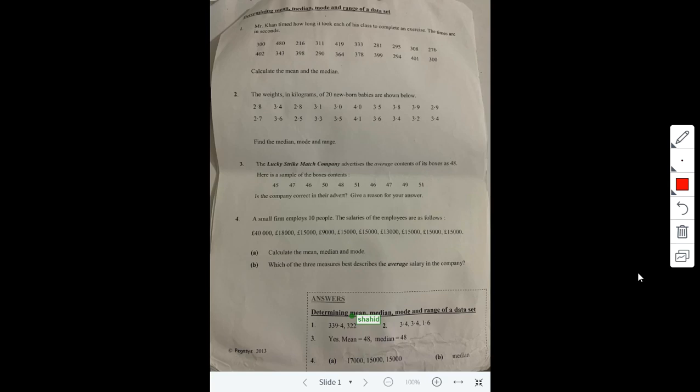So the total amount of numbers is even. Oh, so it's just divided by two? Okay, I see what I've gone wrong. But what if it was an odd number? Then you'll get only one single central value, and that's your median.